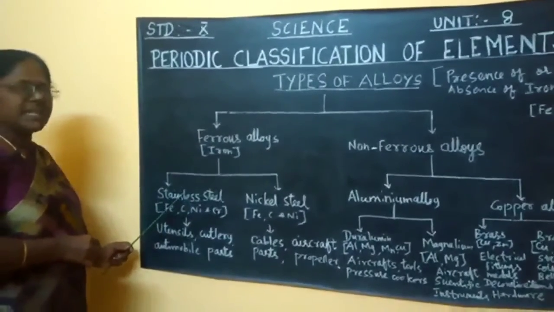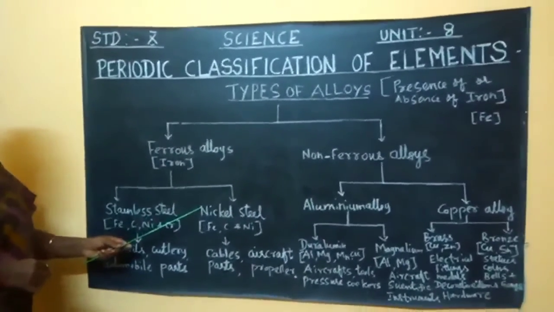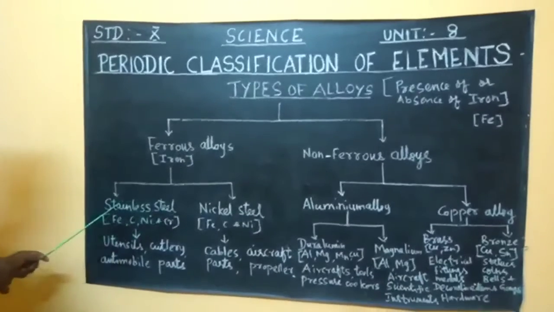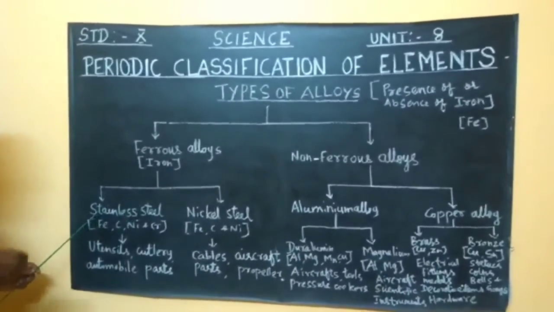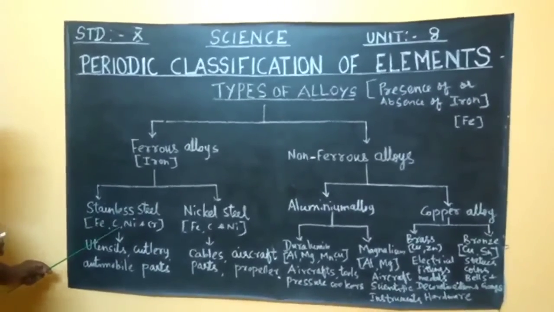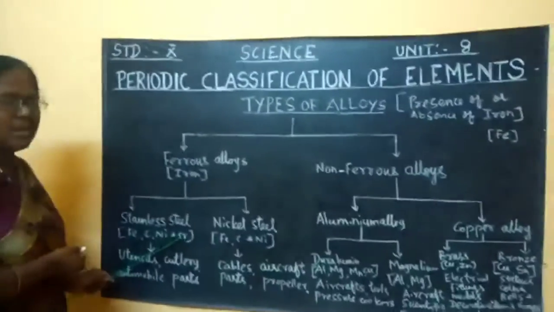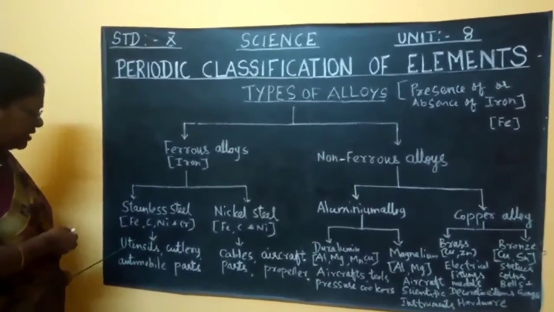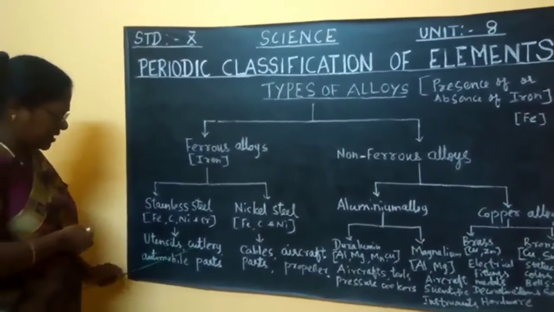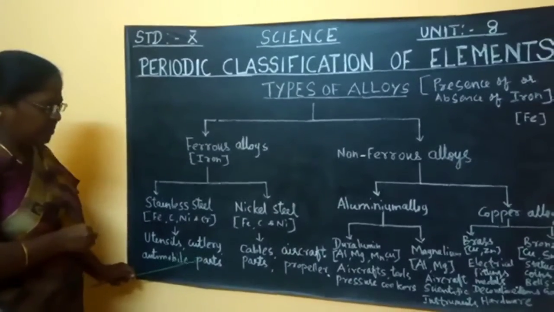One is stainless steel, another one is nickel steel. So stainless steel is an alloy. It is containing iron, carbon, nickel and chromium. Here it is used to make utensils, cutlery, automobile parts.